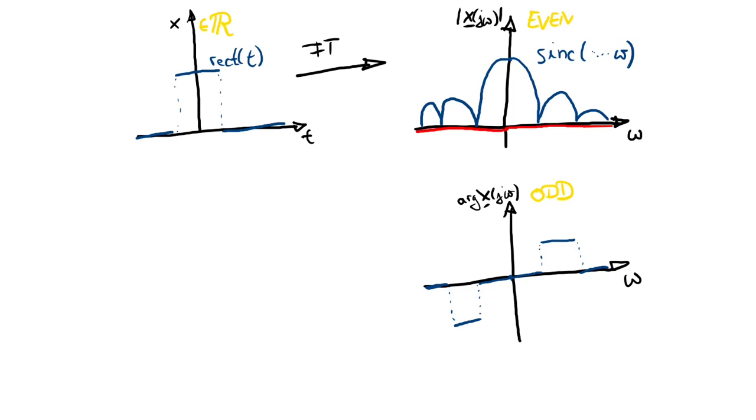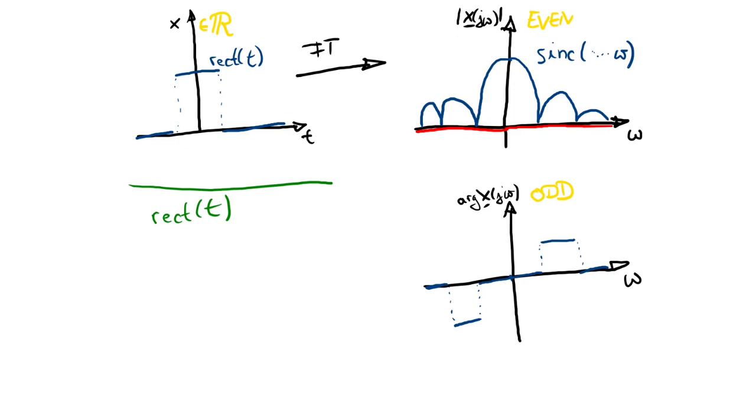So now you see two representations of the same signal. The first representation is here on this side, our rectangle function, which depends on the time.